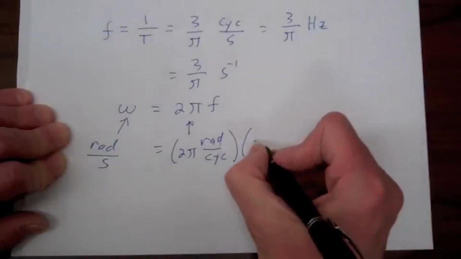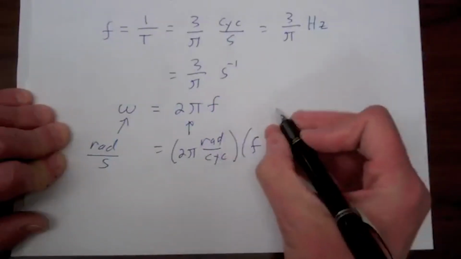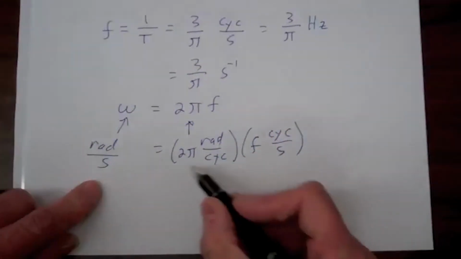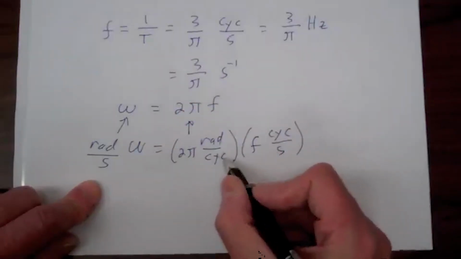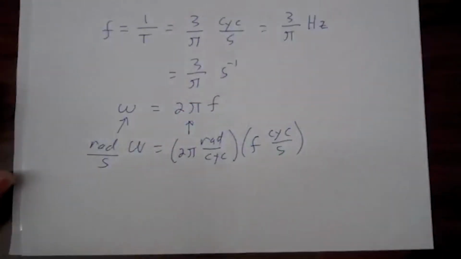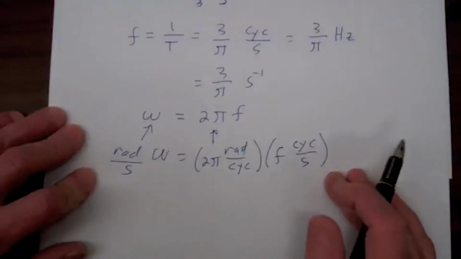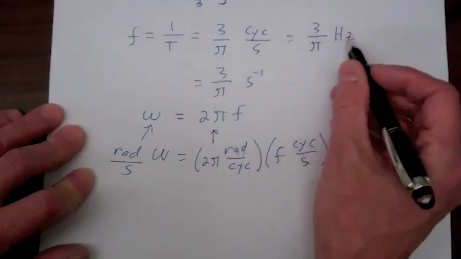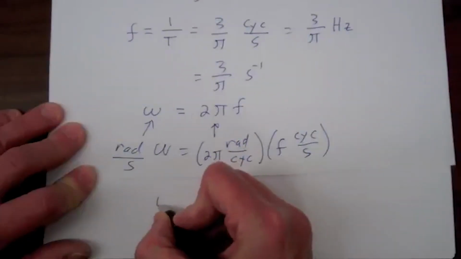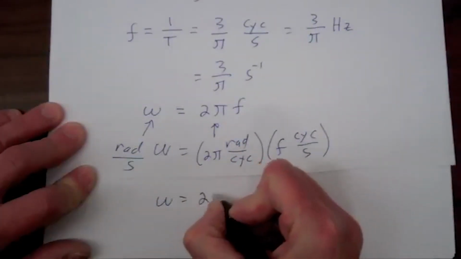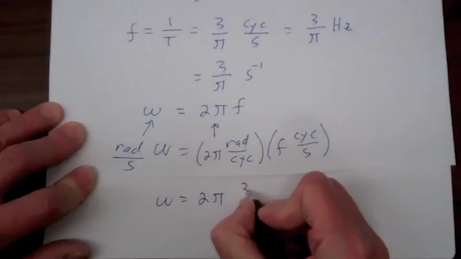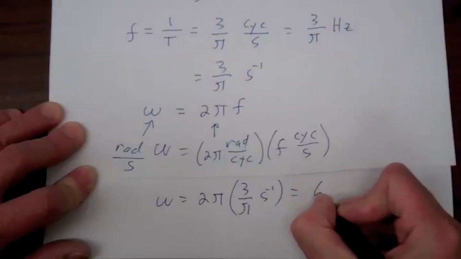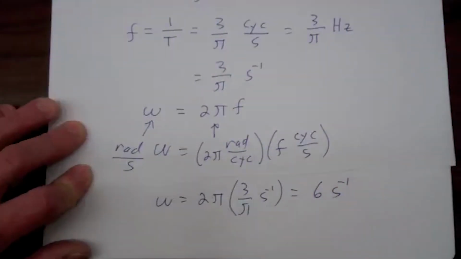And the frequency, f, in terms of cycles per second, is how we get the frequency omega in radians per second. So for our particular example where the frequency is 3 over pi hertz, the frequency in radians per second is going to be 2 pi times 3 over pi inverse seconds, or 6 inverse seconds, 6 radians per second.